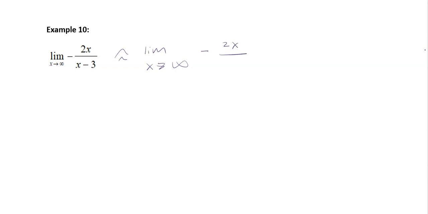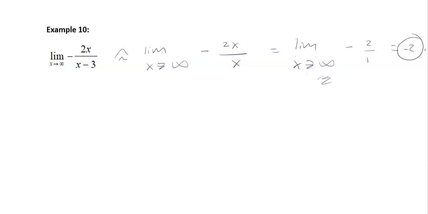If there had been a plus 1 or plus 3,000 after, I would have still ignored the number because the higher exponent will dominate over x. Now, when I do this, see, this one reduces. I get the negative of 2 over 1, which is negative 2. The limit as x goes to infinity, there's no place to put infinity here. I'm just left with negative 2. So this is a case where I get a number.